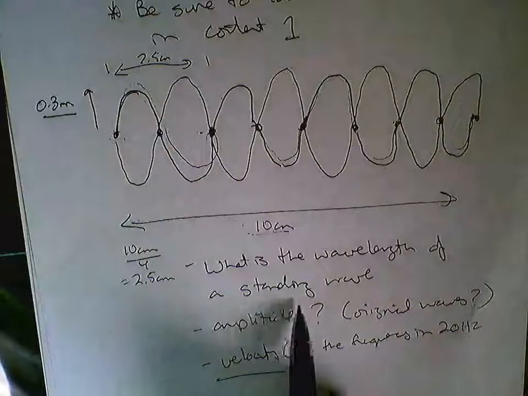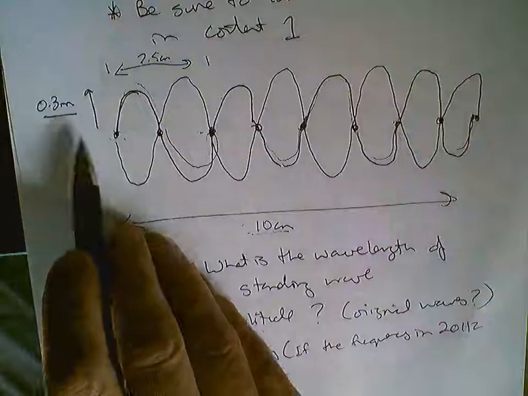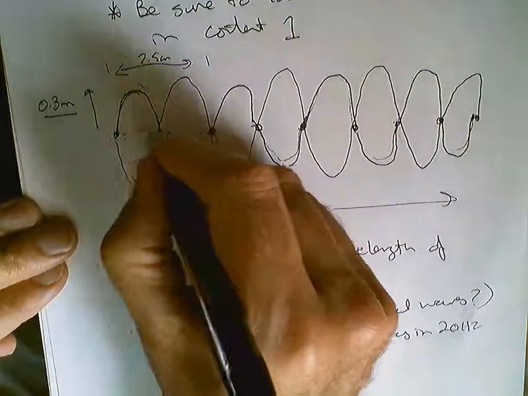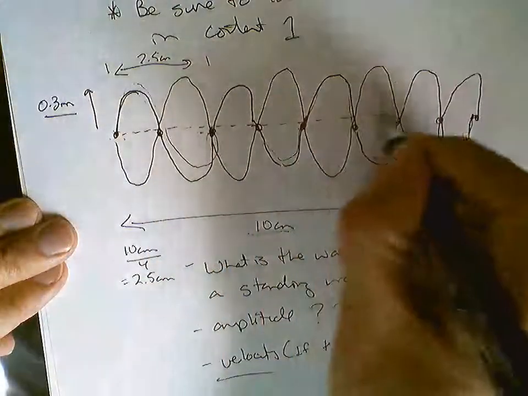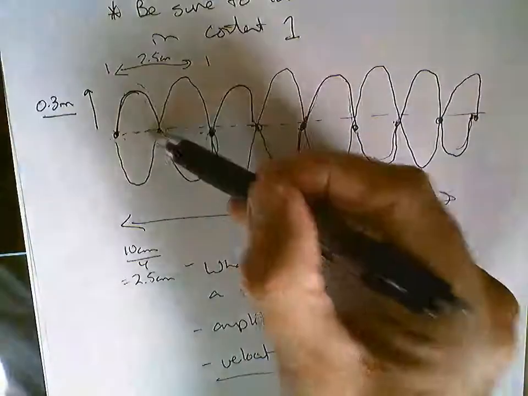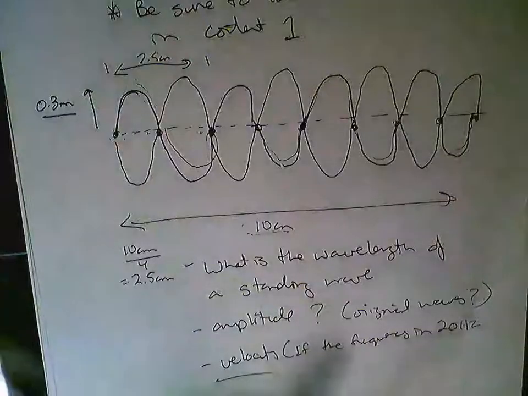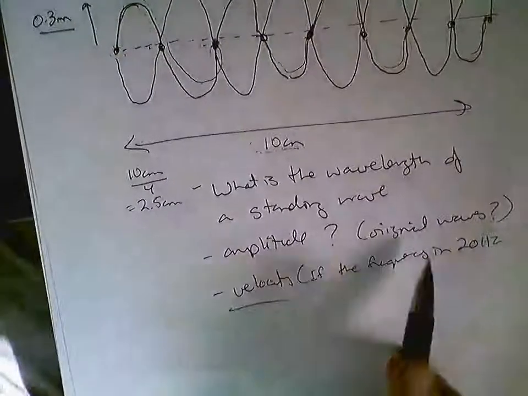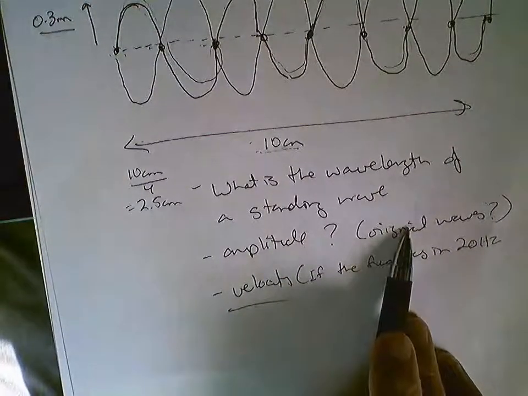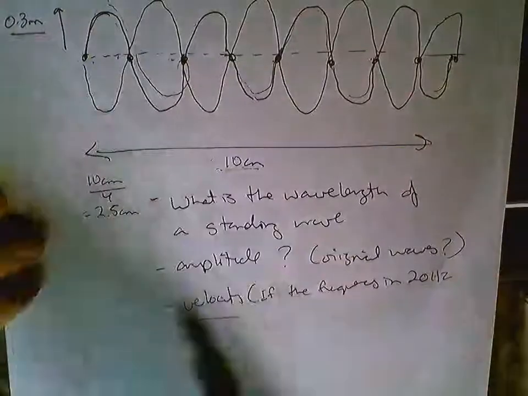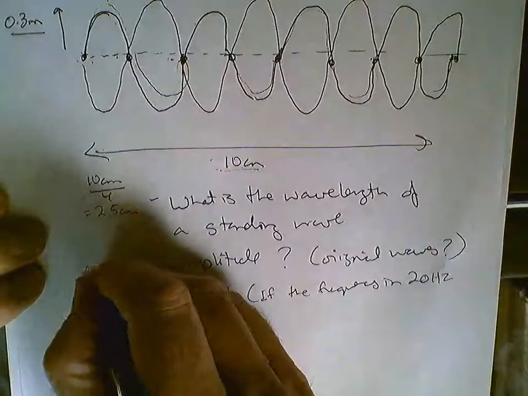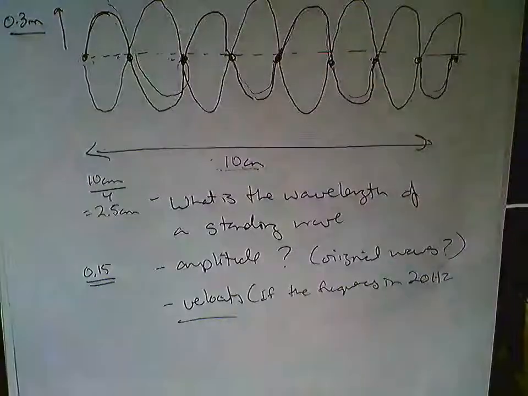Now, if it says that our standing wave has an amplitude of 0.3 meters, what I want you to look at is that amplitude is from the midline of the wave to the top. So if that's 0.3 meters, what is the height of the original wave? Well, remember, we have constructive interference here. So the original wave is 0.15 meters.